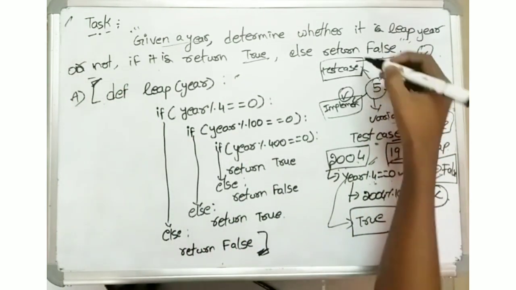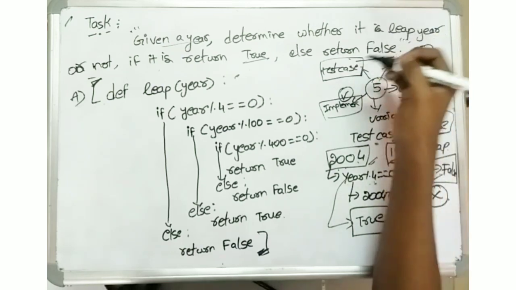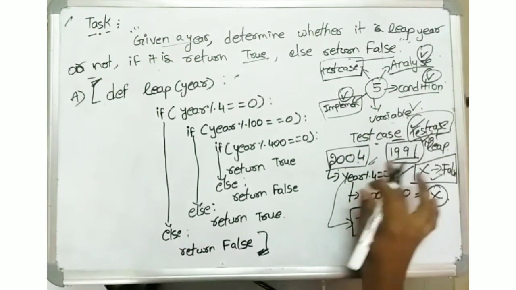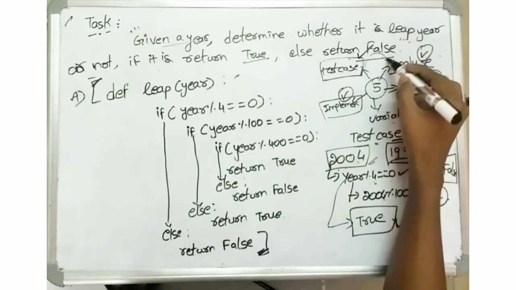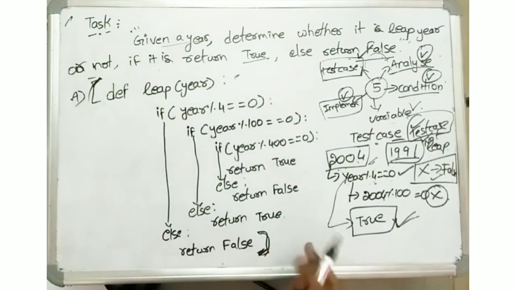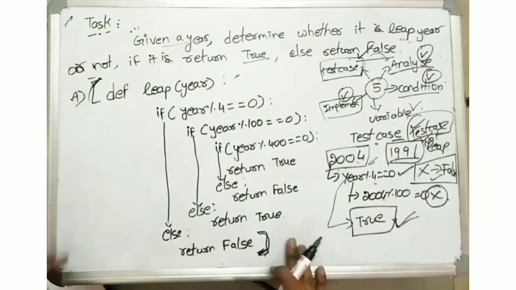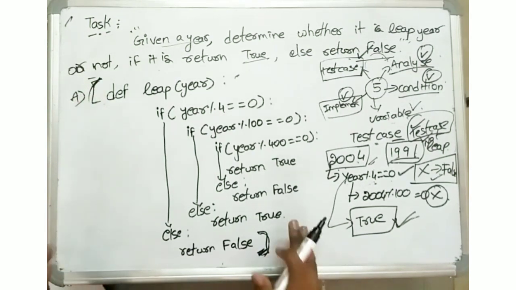Okay, we did not get any mistakes, all the 2 random test cases are passed, so no need to go again for analysis. This is our complete final code. So just type it in the Python editor and just run it.